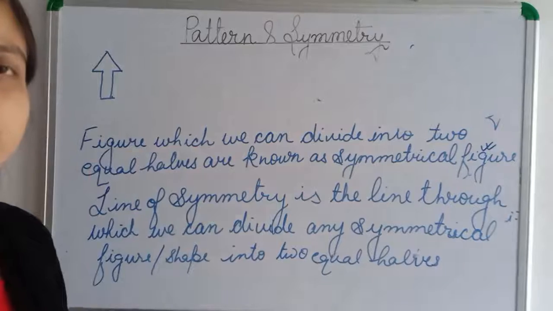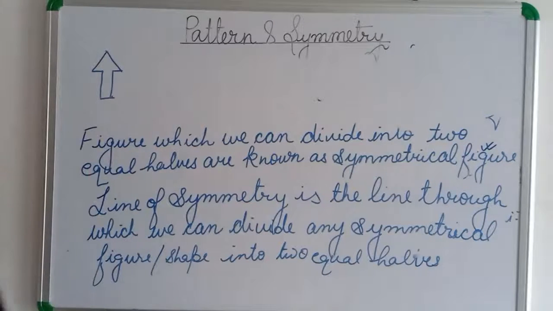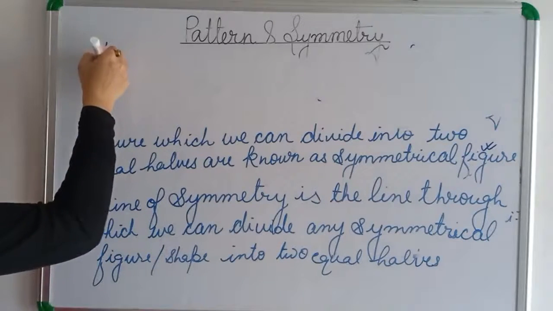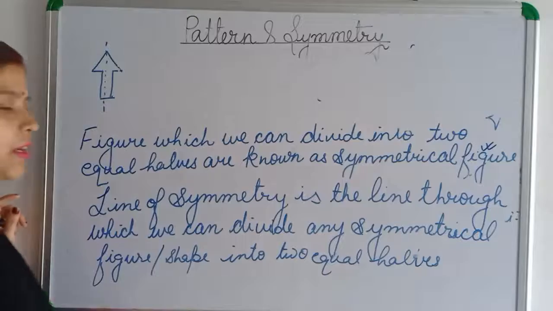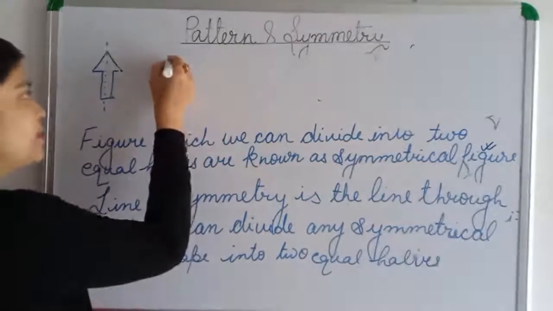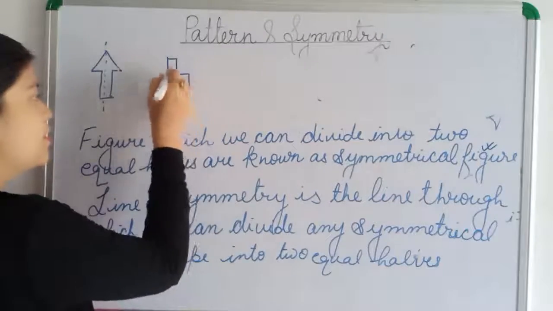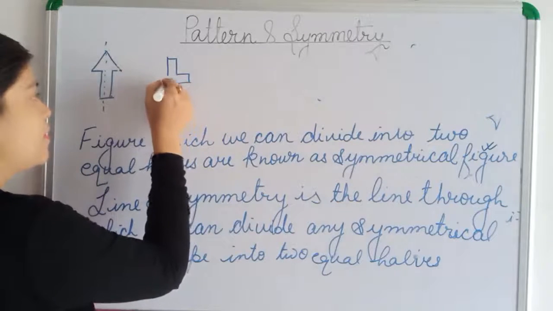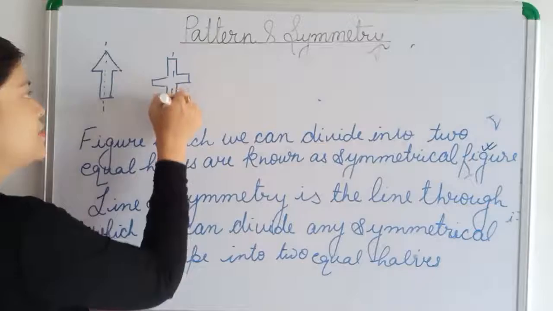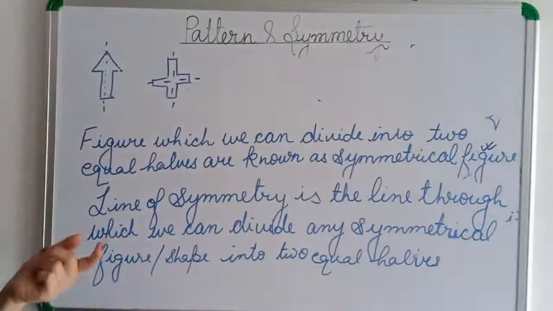We can divide it into two equal halves, but through which line? Through this dotted line we can divide it into two equal halves. So this is the line of symmetry for this figure. Now for this plus sign, what will be the line of symmetry? This and this. There are two lines of symmetry.